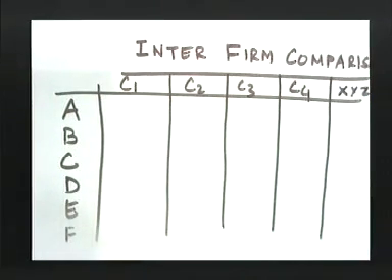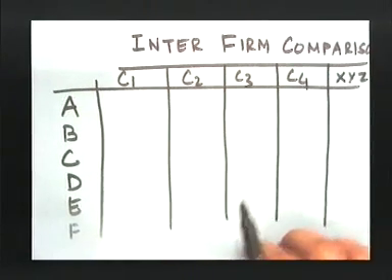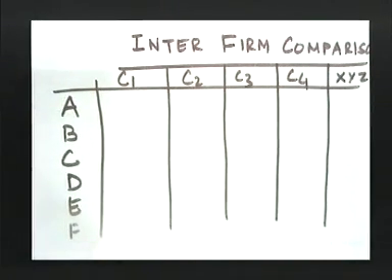So, you will try to compare different ratios for your company vis-a-vis other companies operating in the same industry. So, this is how we carry out the inter-firm comparison using ratios.